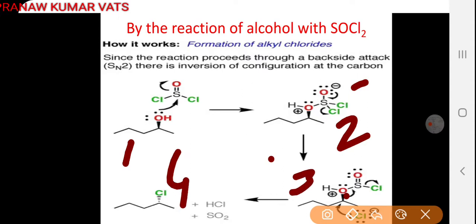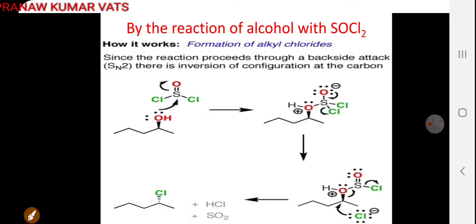So you can go to the second structure where there is again formation of a pi bond between sulfur and oxygen atom. Here at this point you can see again there is formation of double bond between S and O. When there is formation of double bond between S and O, there will be release of chloride ion.